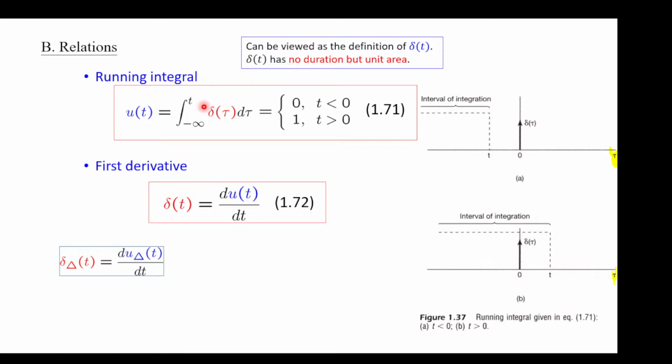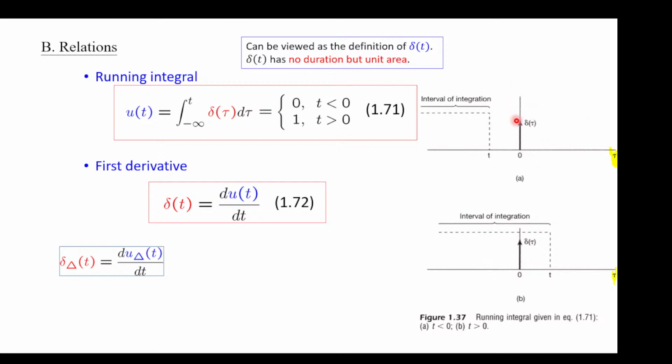As we said, the unit impulse function is really defined by its integration. So you can view this running integral as an alternative definition of your unit impulse function. The property of this unit impulse function is really fun. It has no duration, so everything happens at this really sharp t equal to 0, and it has unit area.